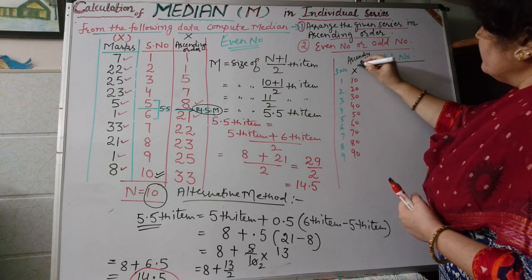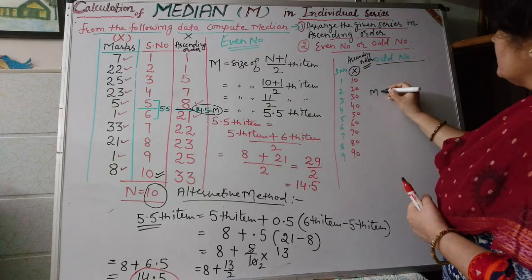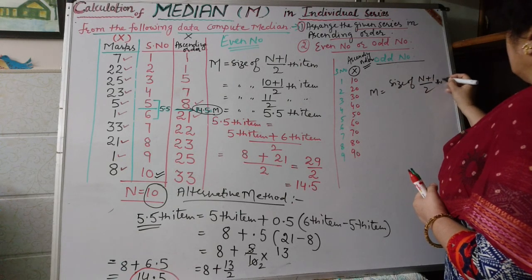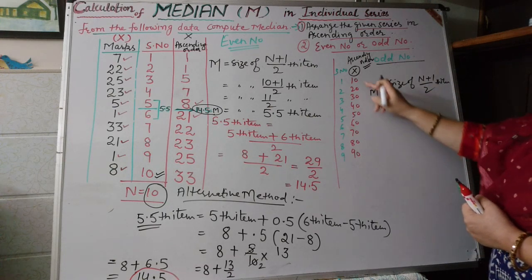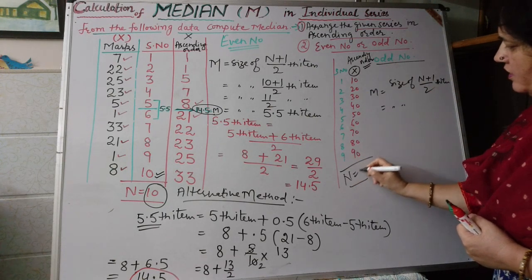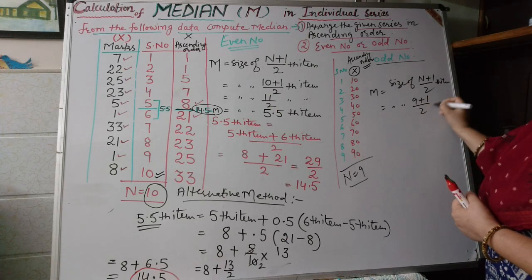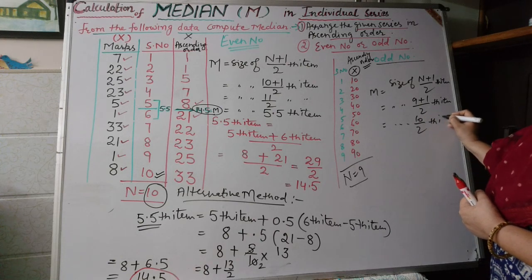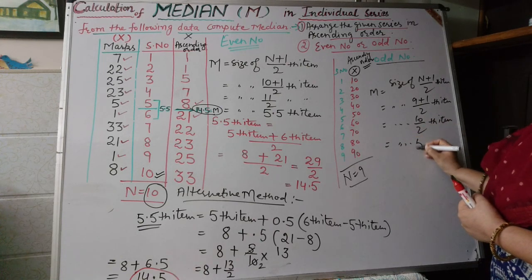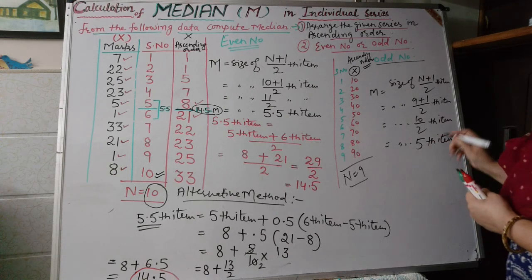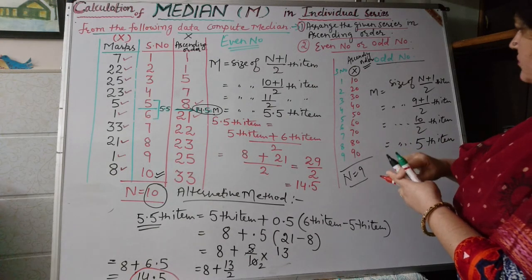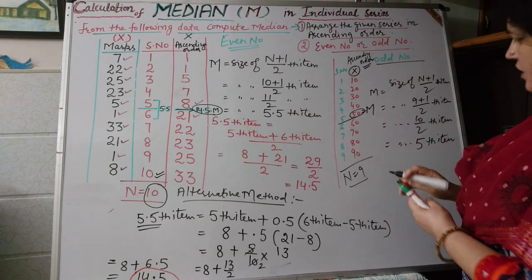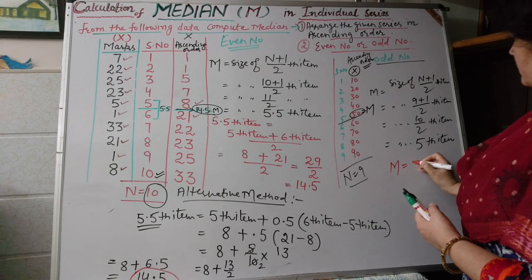You must keep in mind, first of all arrange the series in ascending order. Then M is equal to size of (n plus 1) by 2nd item, is equal to size of, how many values are there? n is equal to 9. (9 plus 1) by 2nd item is equal to size of 10 by 2nd item, is equal to size of 5th item, and the 5th item is 50. So the value of median is 50. Here M is equal to 50.